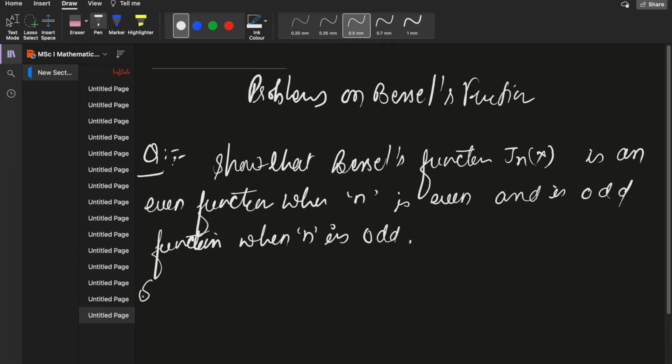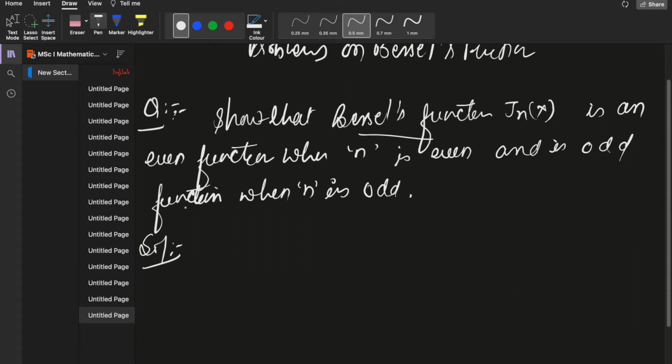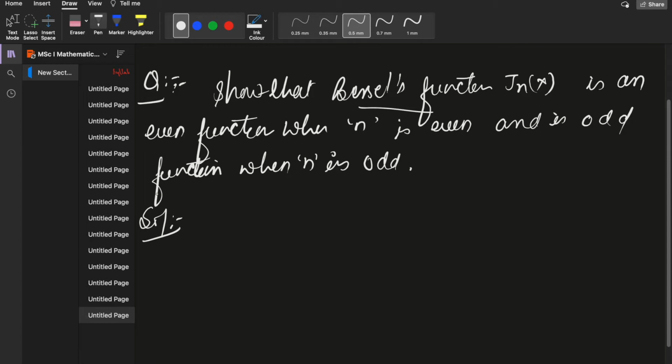Good. So the question says show that the Bessel function is an even function when n is even and it is odd when n is odd.